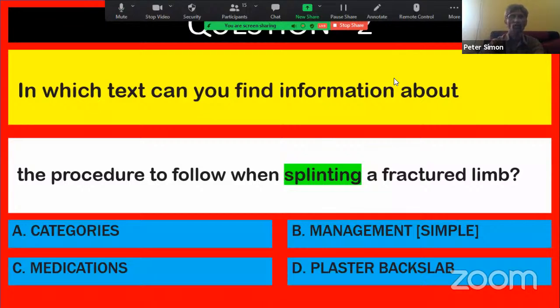I have given you the options there, so you can tick the answer which is right.